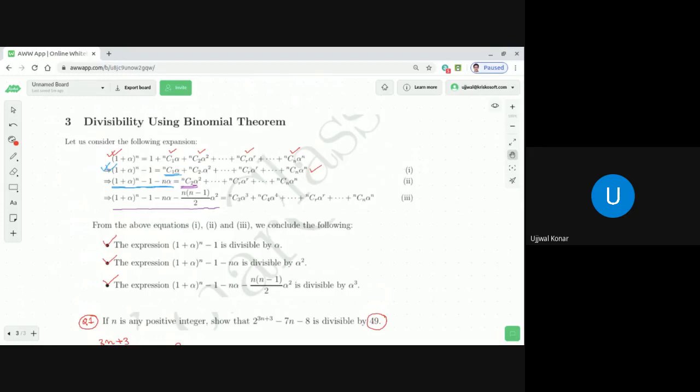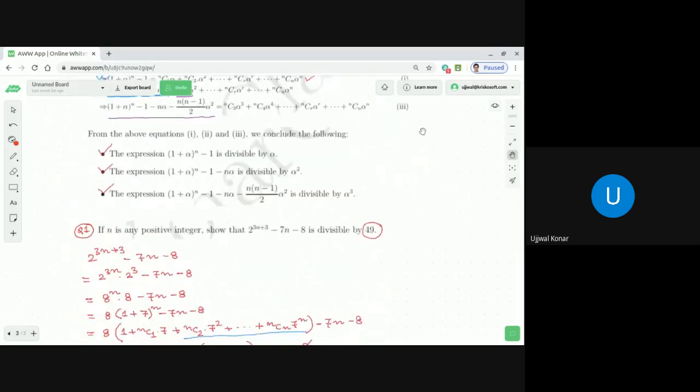If you see the first problem, choosing alpha was 7 because 49 was there. Then our entire thought process of expressing the term 2 power 3n plus 3 minus 7n minus 8, I am discussing the first problem, should be confined to powers of 7.